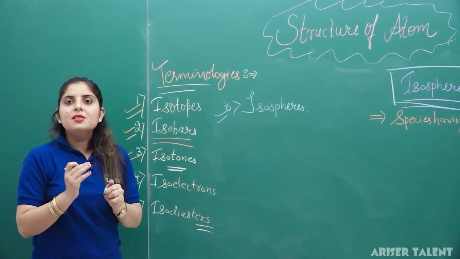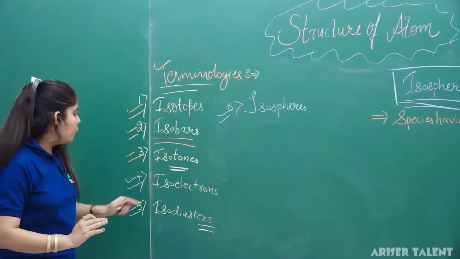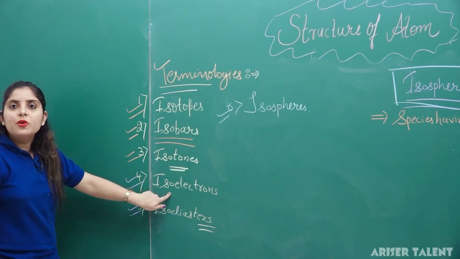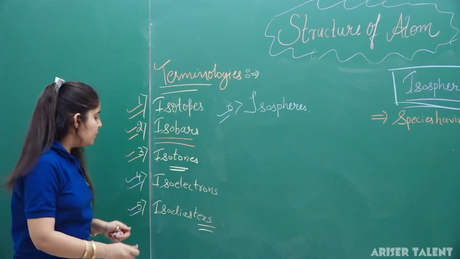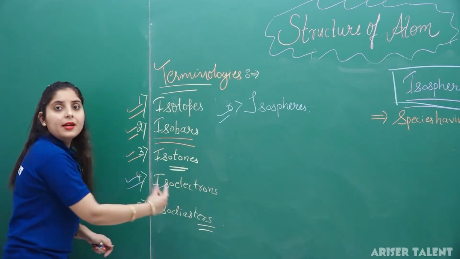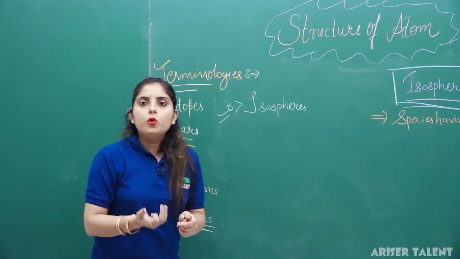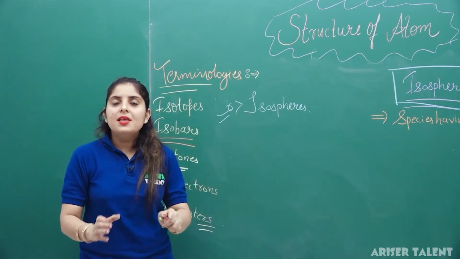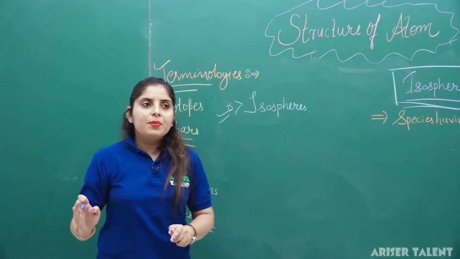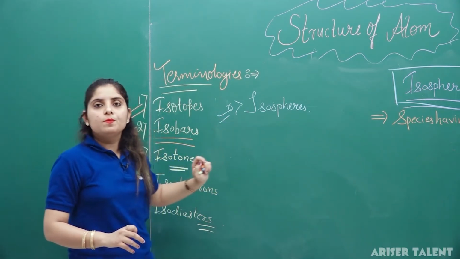Isotones: species having the same number of neutrons. Isoelectronic: having the same number of electrons. Isodiaspheres: same number of protons and atoms. And our last term is isospheres, having the value of n minus p equal to 0.